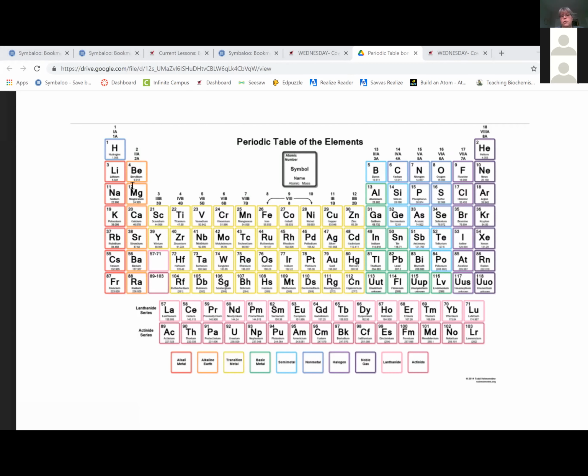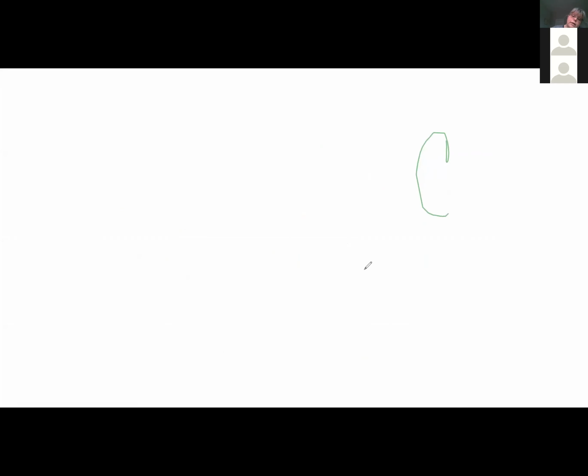because that's going to show us something. We have 6 electrons for carbon. Now, when you have an element and you want to show all the electrons, it's called the electron configuration.